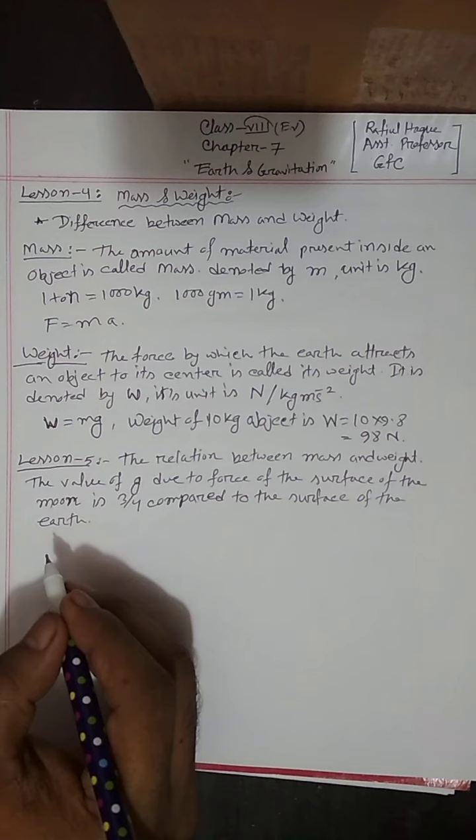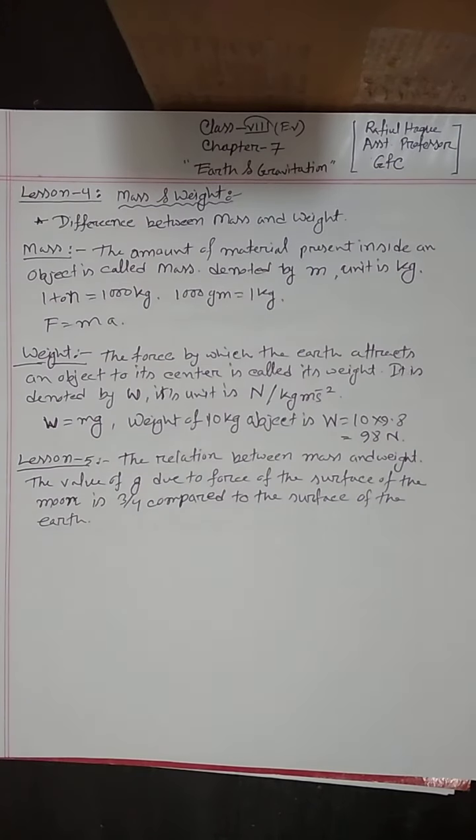You can find out the weight of 1 kilogram of material at the surface of the Moon is about 1.63 Newton.